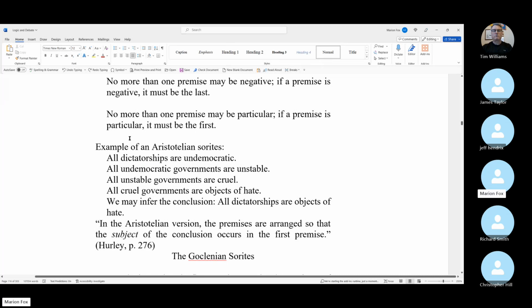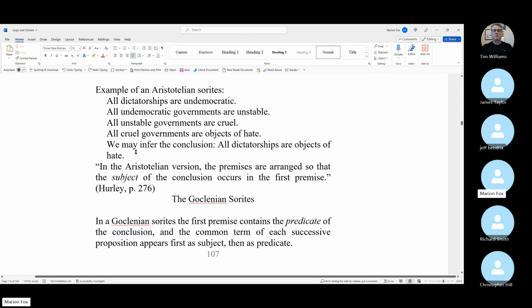All dictatorships are undemocratic. And what's your unstated premise? Yeah. So you've got to kind of fill this all in for each one. Premises are arranged so that the subject of the conclusion occurs in the first premise. So all dictatorships, that's your subject, and dictatorships is in the first premise. Okay. Any questions?